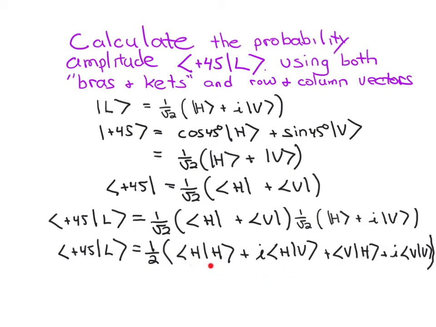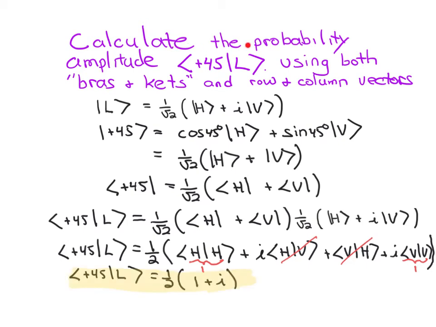So the inner product of H with H is just going to be 1, and the inner product of H with V is going to be 0. Okay, so what we're left with is that the inner product of plus 45 with L is equal to 1/2 times 1 plus i.